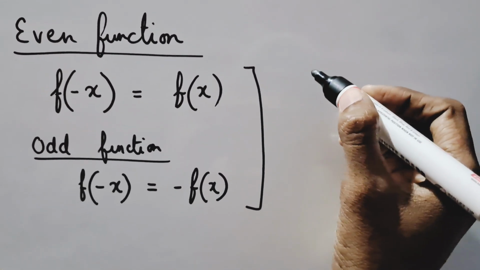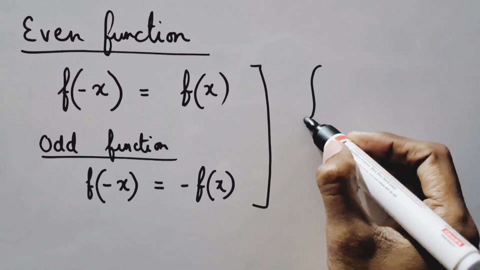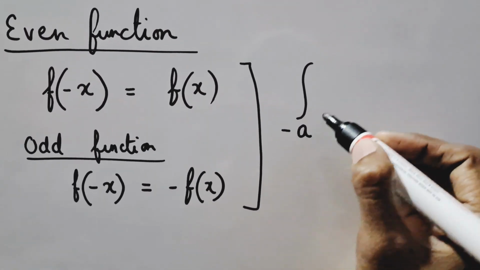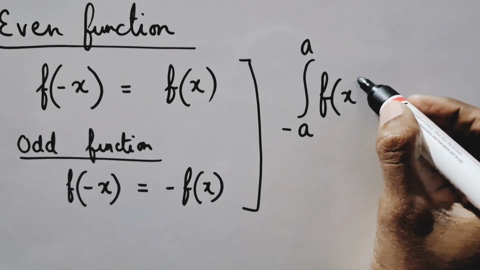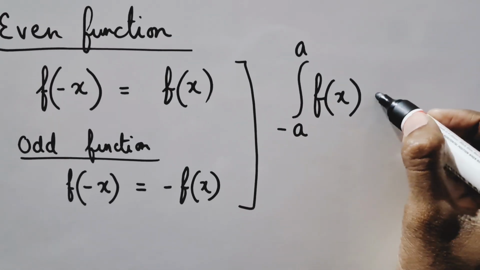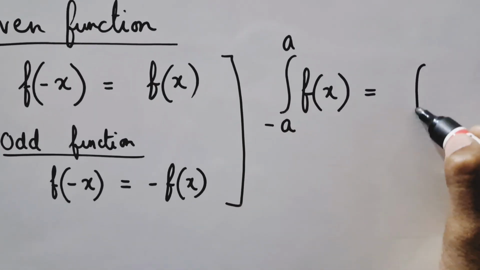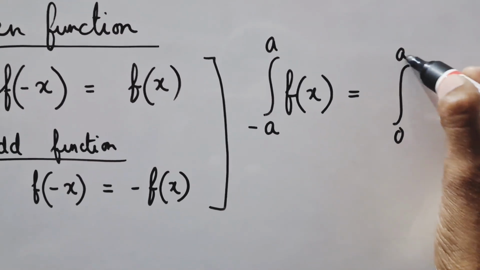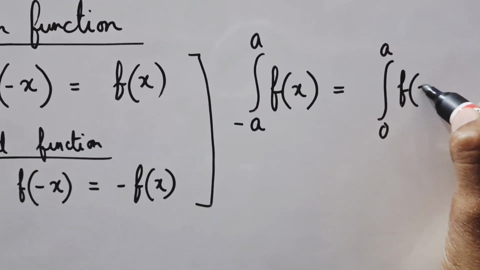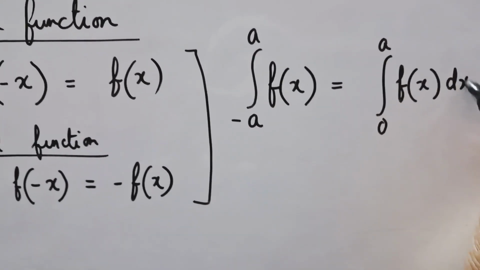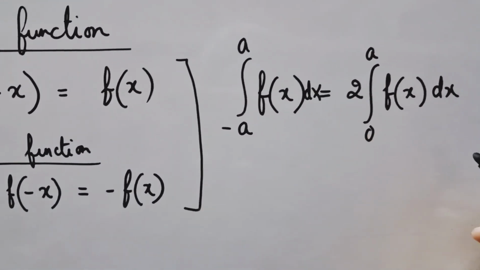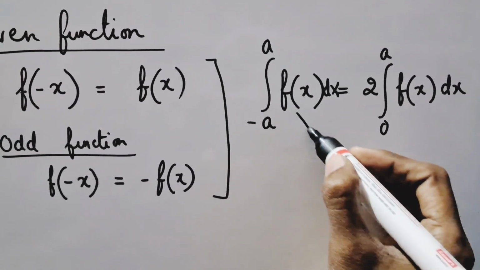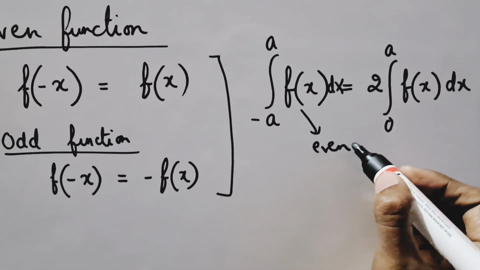definite integral properties. If it is an even function, then minus a to a f of x dx will be nothing but twice of 0 to a f of x dx, if f of x is even.